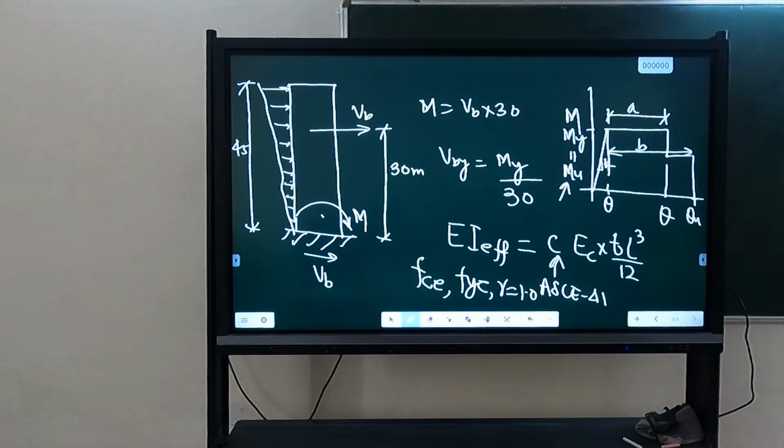The boundary element is also there. Then you have to do section analysis, as you have done in case of a column.